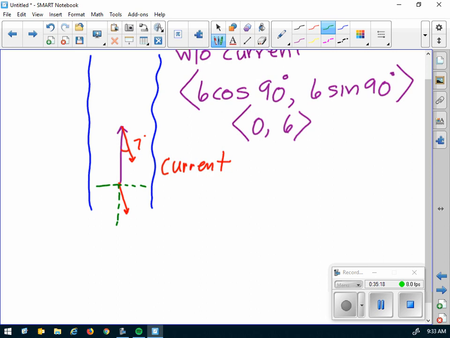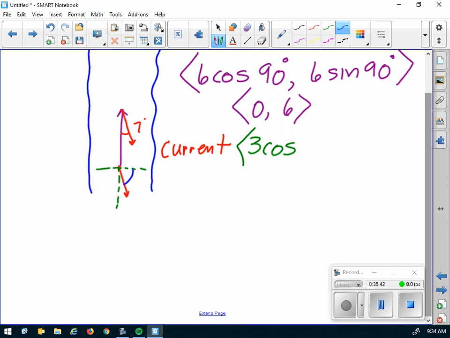Now, what's the magnitude for the current? Cosine of... now, we have to figure out what this angle is. Remember, it's going to be an angle in standard position. So what I need is this angle right here. That green dotted line is the X and Y axes.